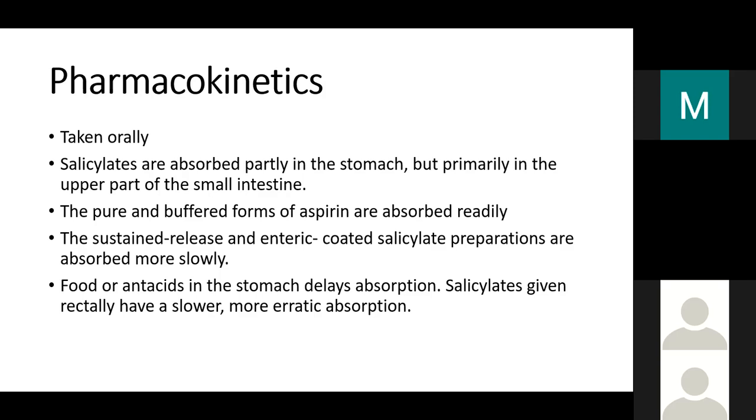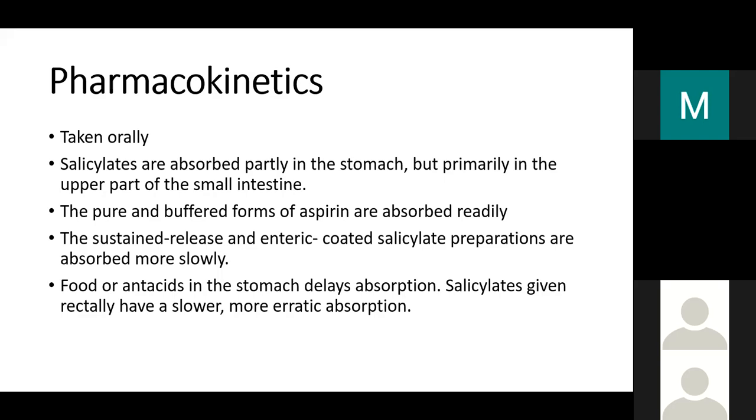So for pharmacokinetics, they are taken orally and they are absorbed partly in the stomach, but mostly in the small intestine. There are several forms of aspirin. We have the buffered forms, which are absorbed readily. Then we have the sustained release form, and then the enteric coated form.